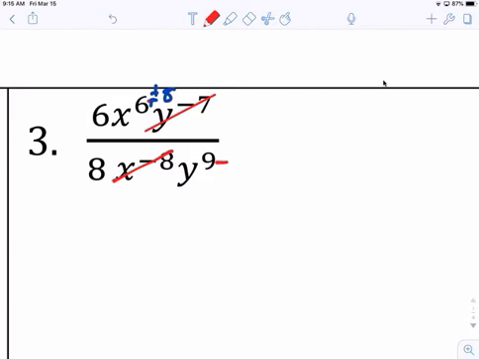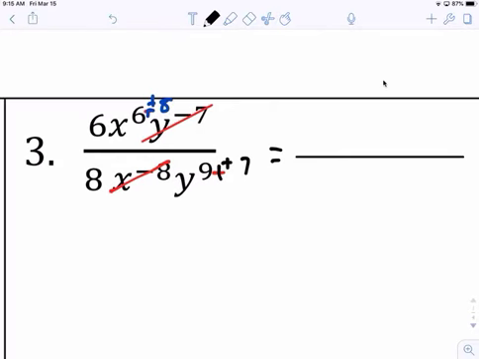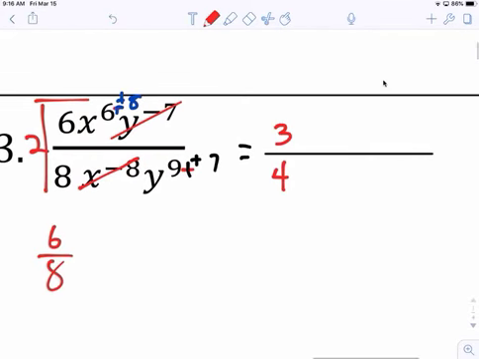Minus a negative 7, right? Plus plus. And reduce these, divide by 2, which is 3 over 4. It's 6 over 8. You reduce 6 over 8 to 3 over 4. All right?